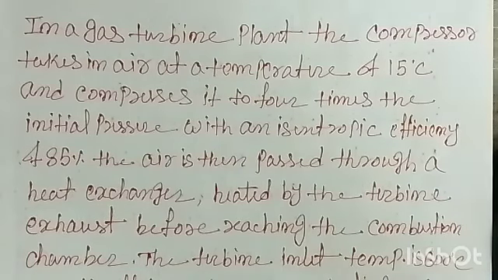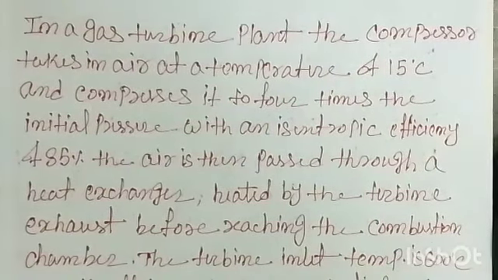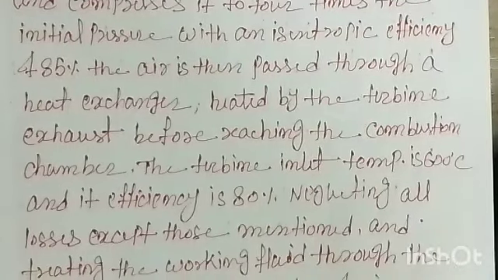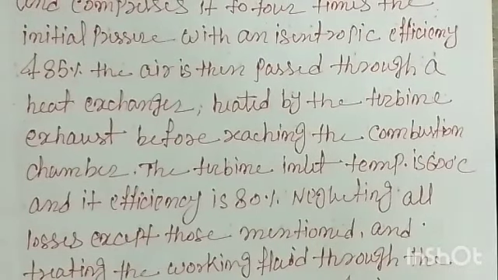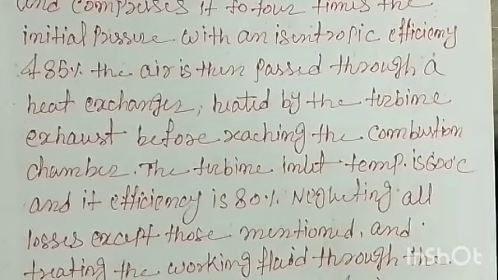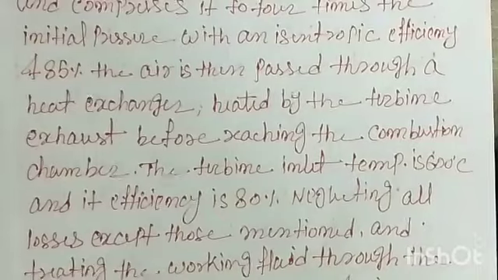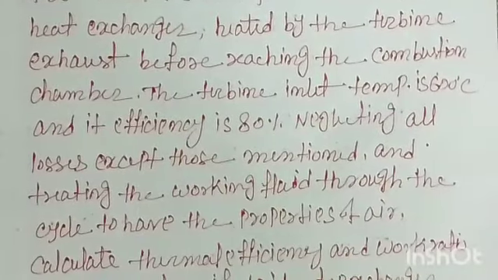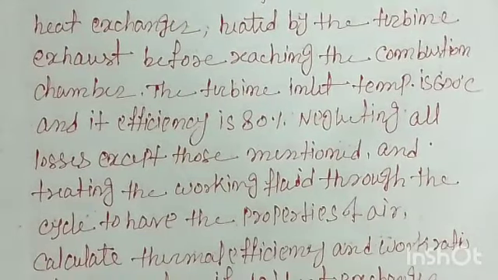That means the maximum temperature throughout the cycle, or you can say the turbine inlet temperature, is 600 degree centigrade, and the turbine efficiency is given as 80%. We need to neglect all losses except those mentioned, right? And the working fluid through the cycle is to have the properties of air.